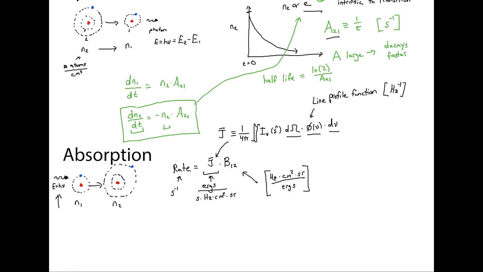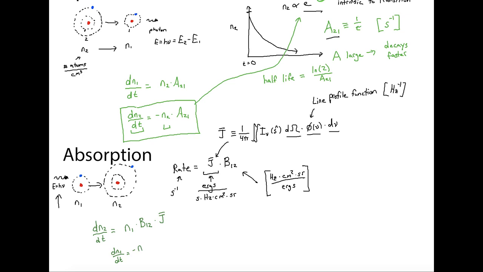So now, with my Einstein B coefficient, I can say, for example, that the change in the number density of atoms in the excited state with respect to time is equal to however many are in the ground state, N1, times B12, which is my Einstein coefficient, times however many photons are available for causing this transition, which is J bar. And similarly, just like above, these get robbed from the atoms that are in the ground energy state. So the change in the number density of atoms in the ground state with respect to time is going to be just the opposite.